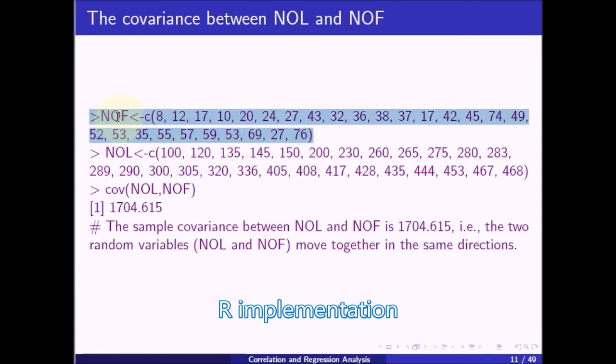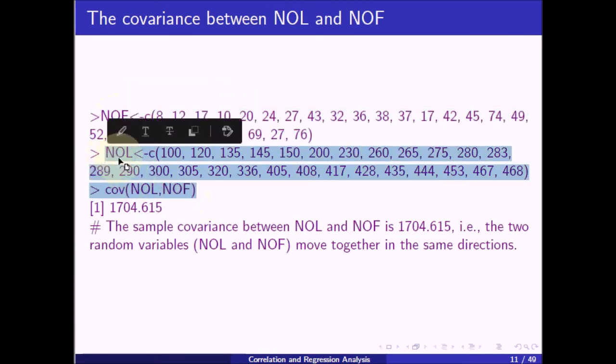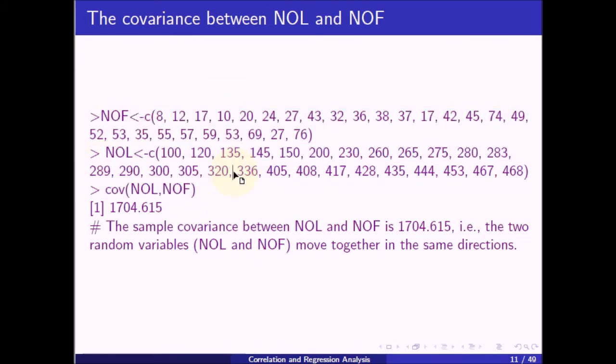This is the input data, NOF, the number of faults, and this is the number of lines. Here we implement it in the R language, calling the covariance function, and the answer is 1704.615. The sample covariance between NOL and NOF is about 1705. That is, the two random variables NOL and NOF move together in the same direction.